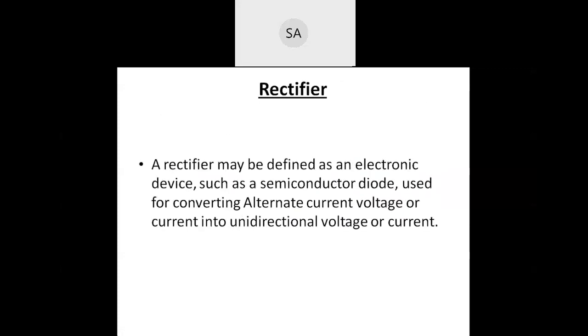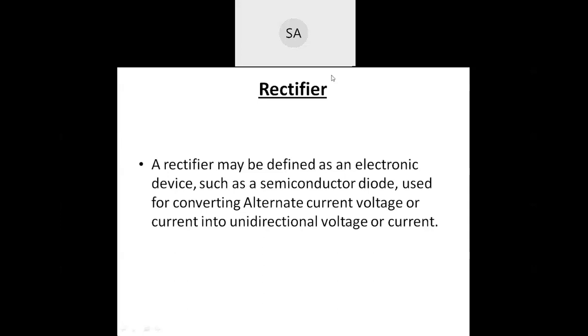So what is a rectifier? A rectifier may be defined as an electronic device, such as a semiconductor diode, used for converting alternating current voltage or current into unidirectional voltage or current.